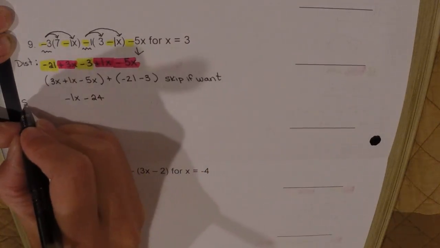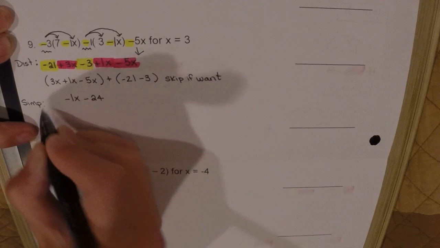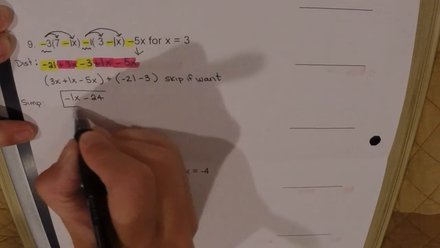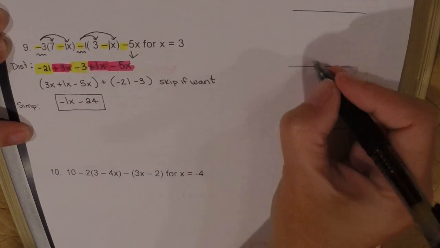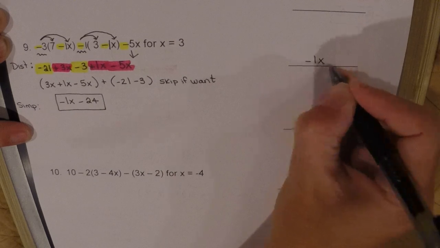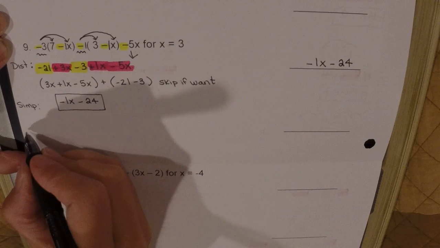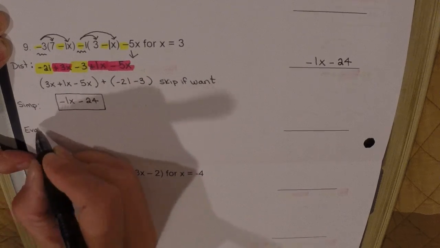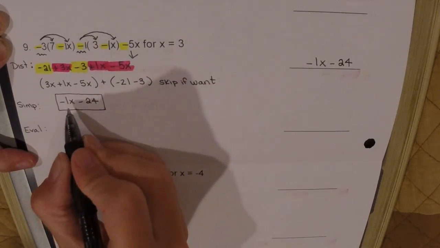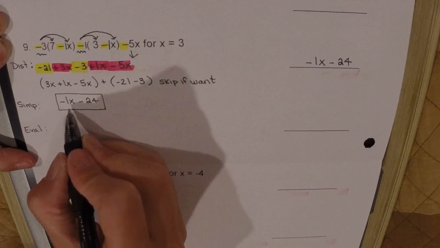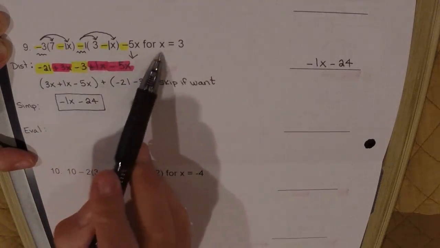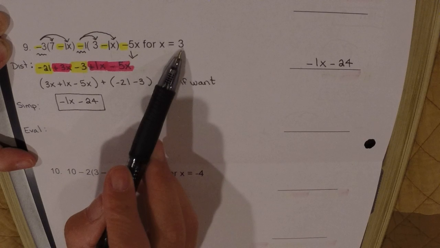So this is the simplified part. Remember, this is what we're putting in that very first answer box. So this says negative 1x minus 24. Now we're ready to evaluate. So to evaluate, we're going to now put in the values that it gave me for x. Well, if I look in the directions, it says x equals 3.